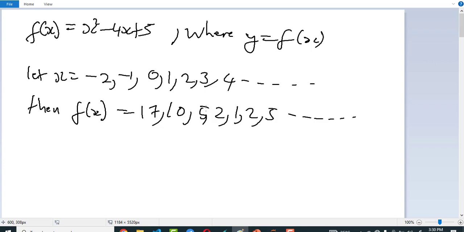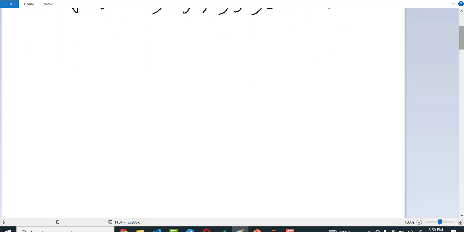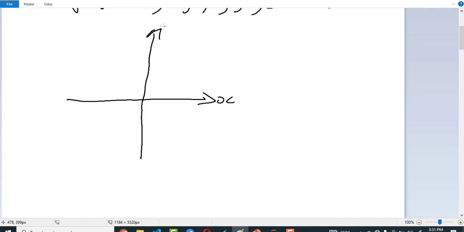So after calculating these values, let us plot a graph. Assuming this is the graph that we have on a dimensional space, where this is our x-axis and this is our y-axis. Let us assume that the graph comes down, reaches here, and turns here.